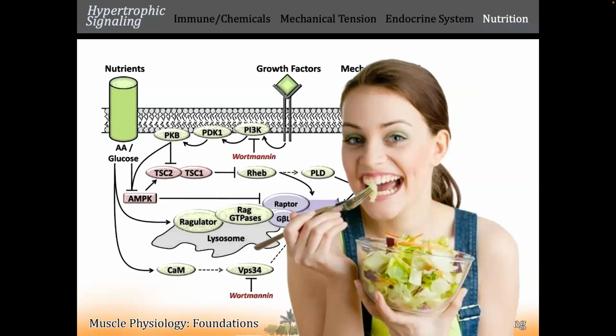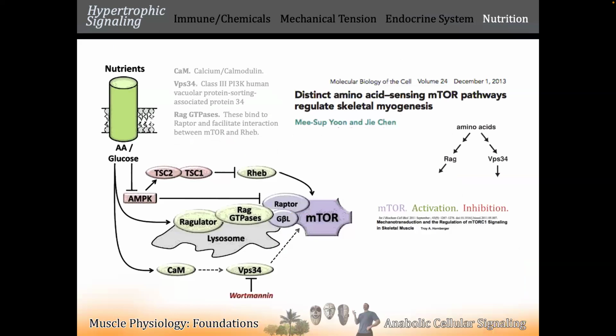mTOR complex 1 can also sense cholesterol, which contributes to its translocation, helps it commute to the lysosomal work site. But the point is, whether it's carbs, proteins, or cholesterol, the stuff you put in your mouth and masticate a little bit and swallow really affects mTOR activity, mTOR productivity specifically.